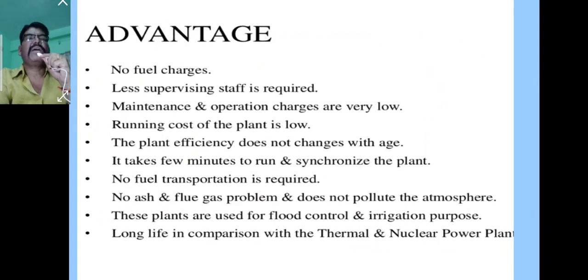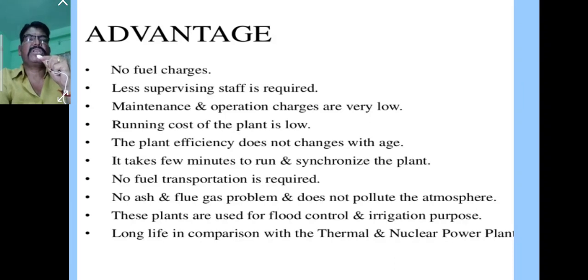There are some advantages: no fuel charges, less supervising staff is required, maintenance and operation charges are very low, running cost of the plant is low, the plant efficiency does not change with age. It takes only a few minutes to run and synchronize the plant.